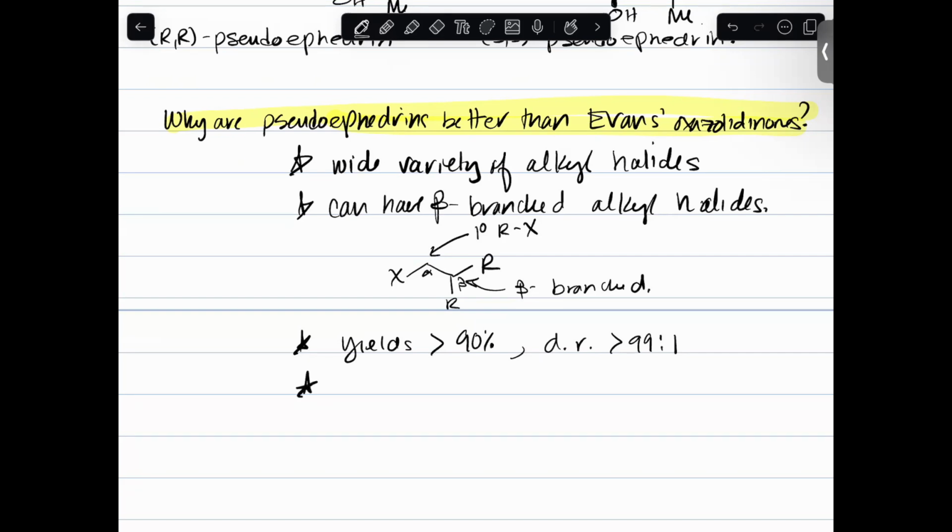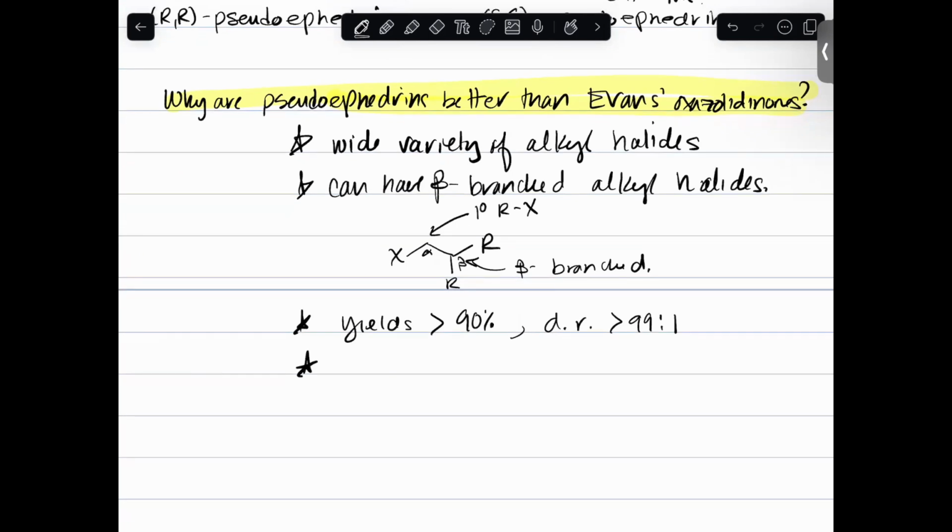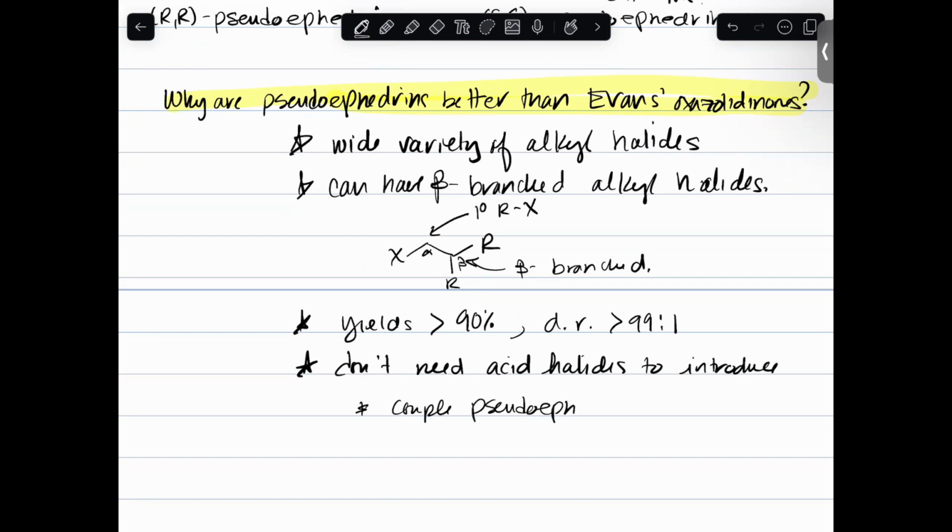And then finally, one of the pros of using pseudoephedrines over Evans oxazolidinones is that you don't need acid halides to introduce and couple pseudoephedrines.